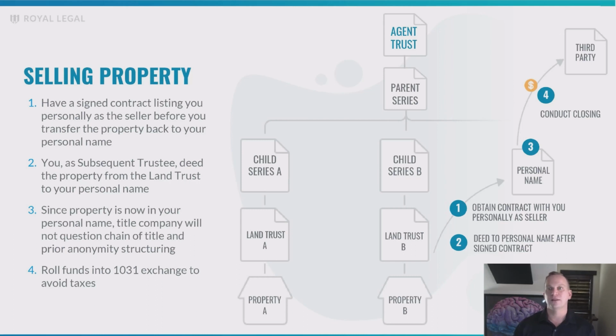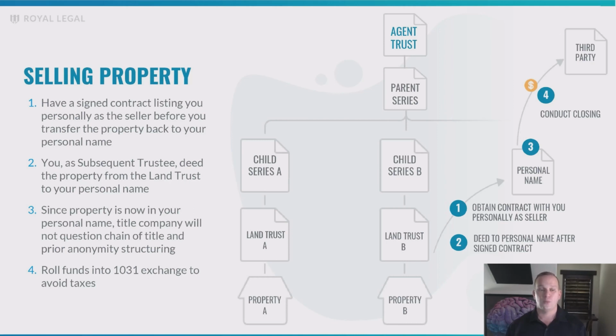When they look at the chain of title, transferring it from your name to a third party is really common for us, but transferring from a trust to a third party is not so common, so it gives us a little bit of heartburn. In some circumstances that is the case, but almost all the time we can sell the property directly out of the trust, and the title companies are fine with it. But if we ever run into an issue, we just transfer the asset to your personal name and sell it out of your personal name to the third party.